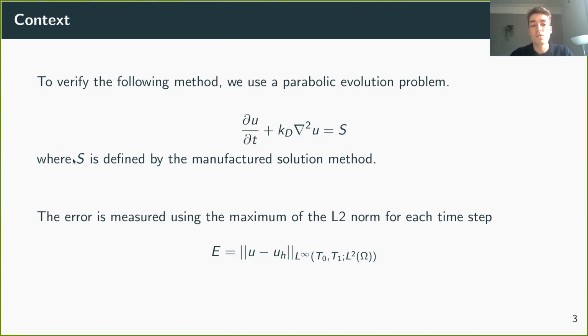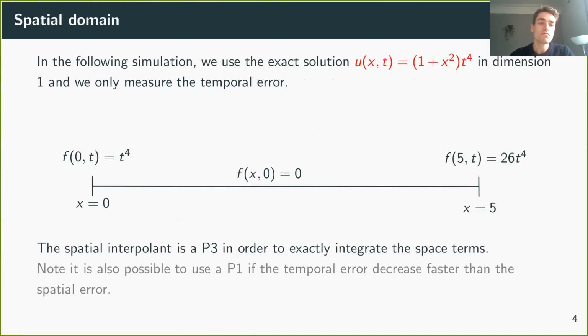So here S will be defined by the injection of the exact solution in the heat equation. We're also going to use a norm to measure our error. Here, the norm is the L2 norm on the space domain. And after, we're going to use the maximum over every time step to measure the maximum error of our method.